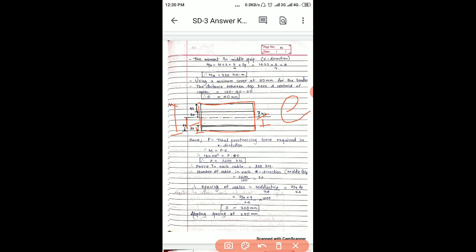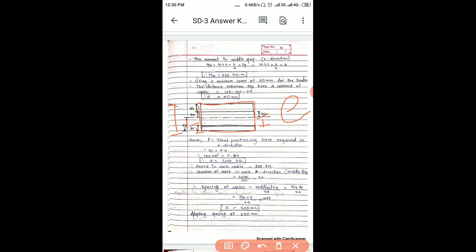So 120 minus 40, into 30, we'll get the eccentricity e as 50 mm, from the bottom.